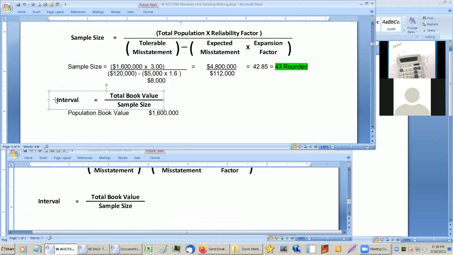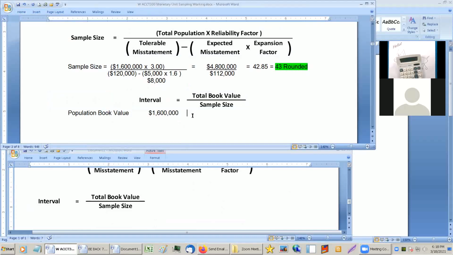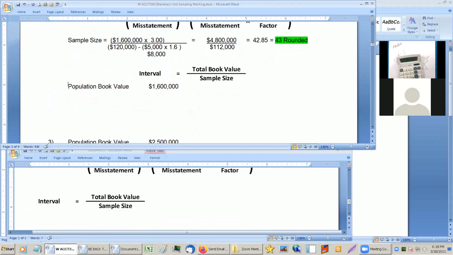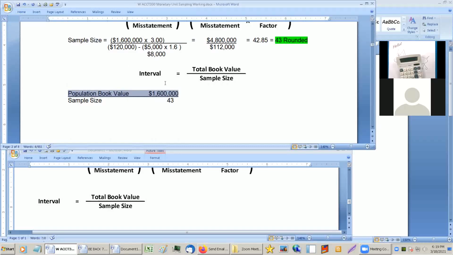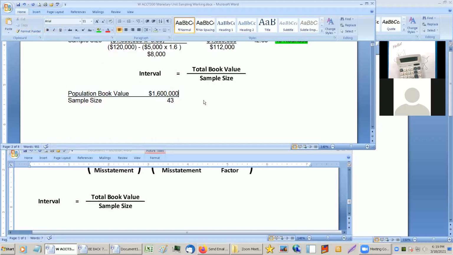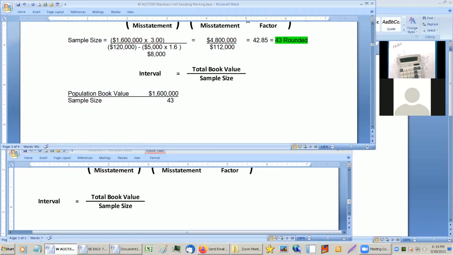Okay, now let me do that. So it equals the book value divided by the sample size of 43.